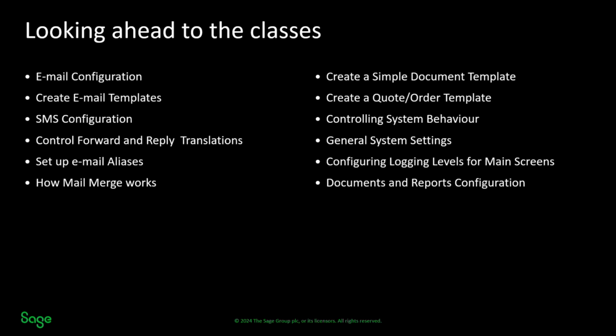So what we've looked at so far in the series of lessons that make up this module is dealing with everything from email configuration all the way through to setting up document templates. And now we're looking at the general environmental settings, this lesson and the one that follows immediately afterwards.